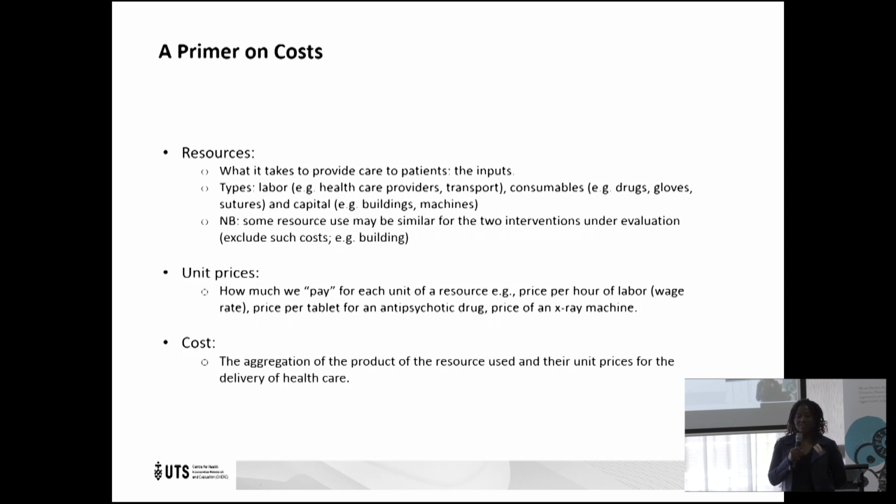Once you've identified what resources you need, then you need to identify how you can value or measure them. So we come to our unit prices. We know that we need a radiation therapist to do our survey. How much does it cost? The time of a radiation therapist to plan, to implement, and to do this.